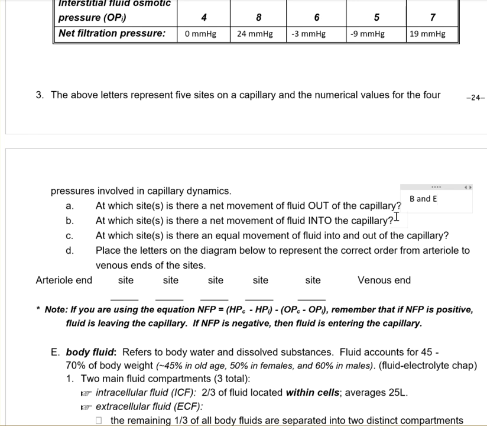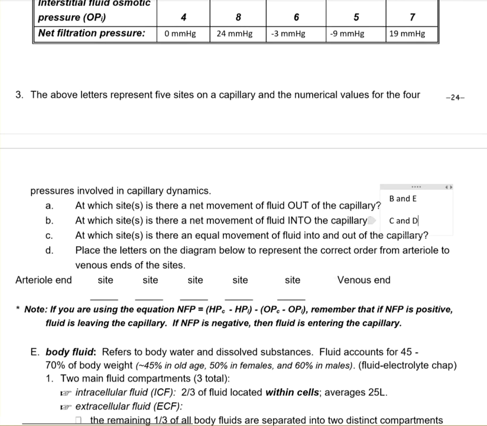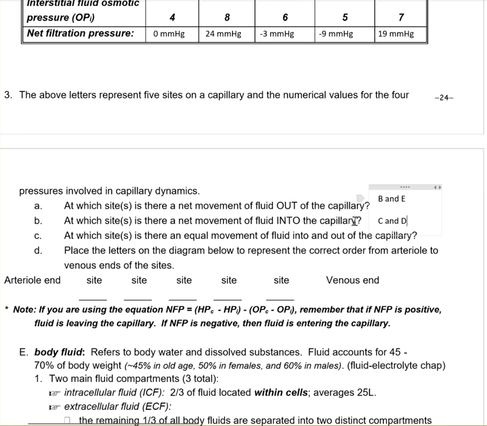That makes sense? Because that was 24 and 19. Then it says, at which site is there a net movement of fluid into the capillary? So a net movement of fluid into the capillary would be negative numbers. So we have C and D, right? -3 and -9.